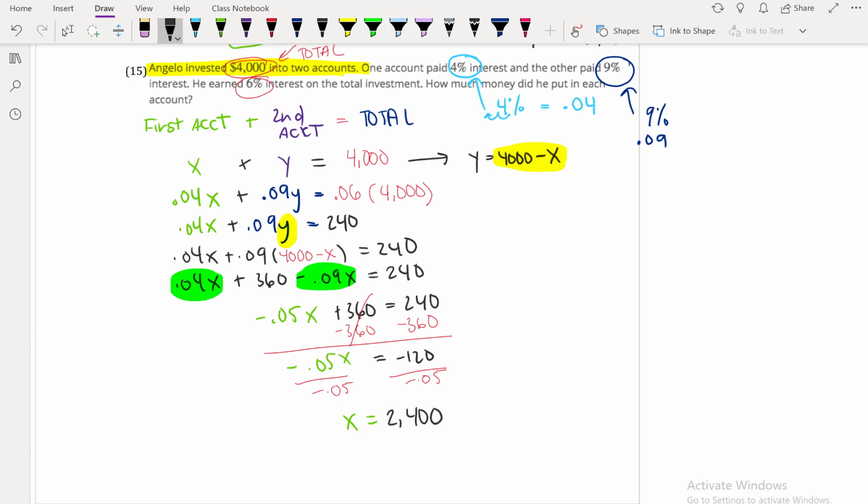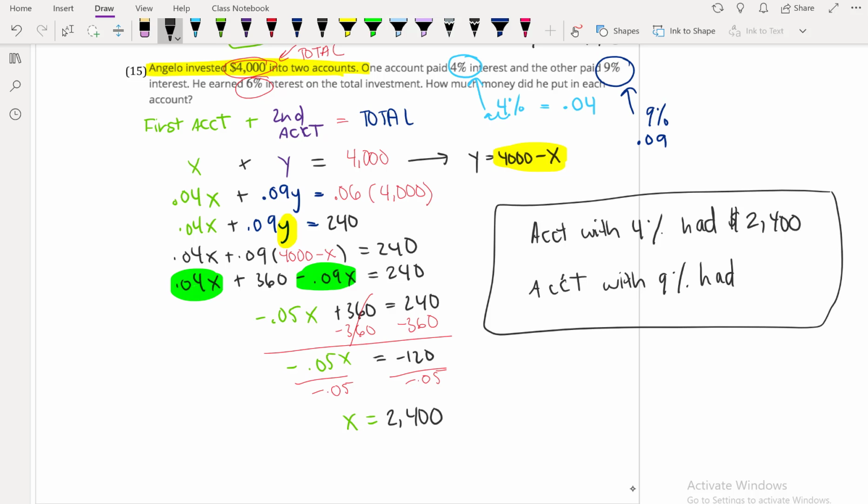And x represented the amount in the first account, that's 4%. So the account with 4% had a total amount of 2,400. The account with 9% had, so now you have to kind of fill in the blank here, right? How much money did he invest in that 9% account?